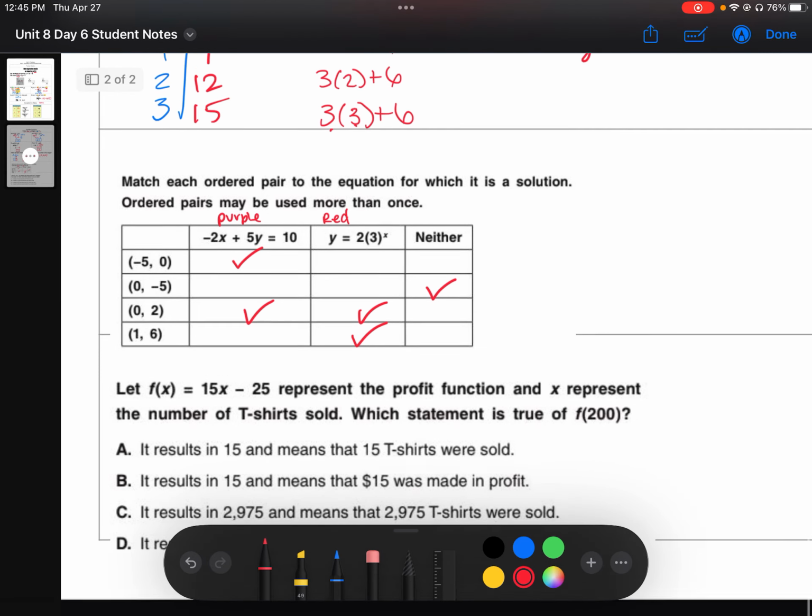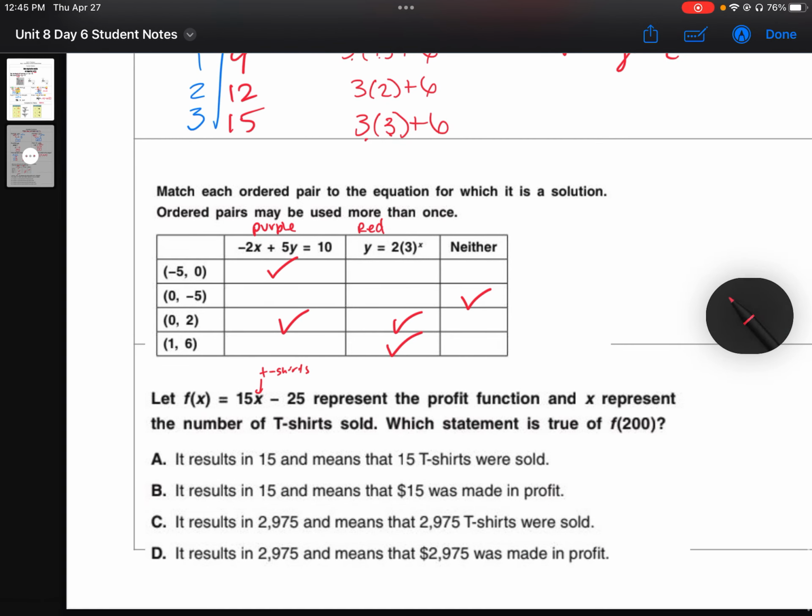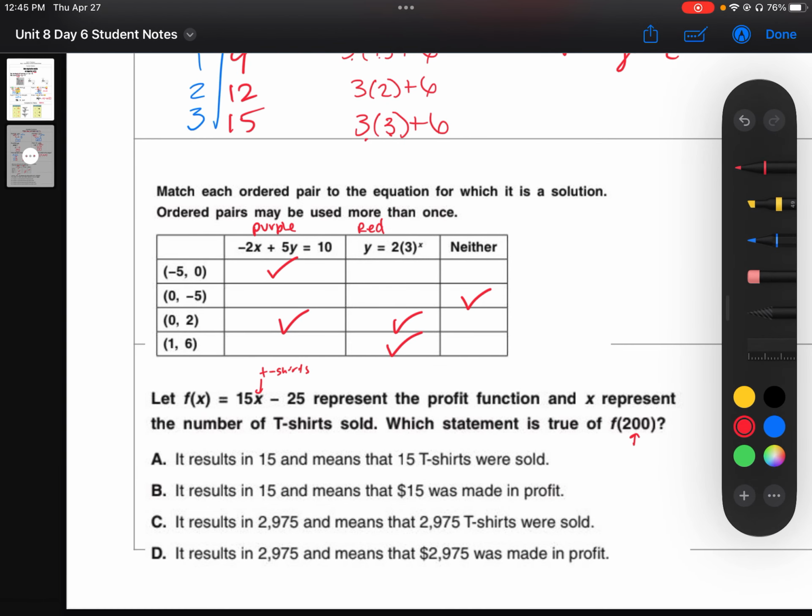All right, and the last question, it says, let f of x equals 15x minus 25 represent the profit function of x, and x represent the number of t-shirts sold. So this is t-shirts. Which statement is true about f of 200? So it's saying when I plug in 200 shirts, if this was f of x, then 200 is going in for x.